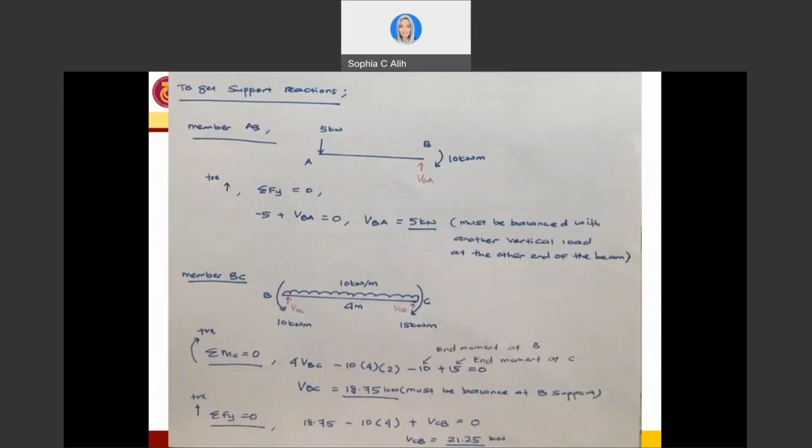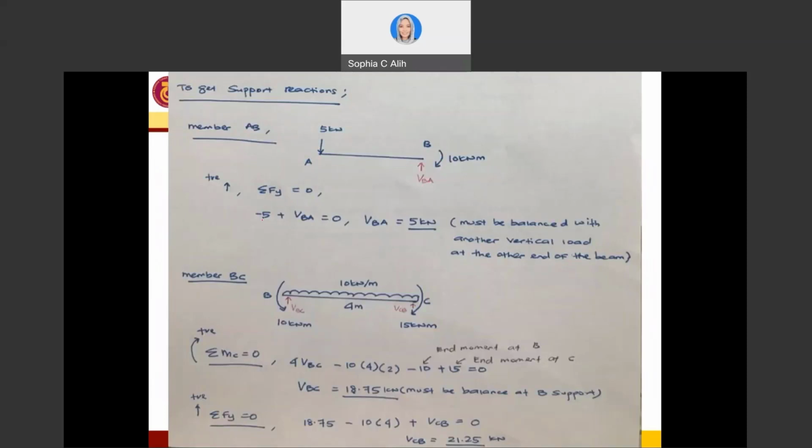So I put the sample of calculation over here also for your reference. To get support reaction for member AB, if I have a span AB in here with the vertical load pointing down on 5 kilonewton, and I have one moment over here, I can easily get the loading over here.